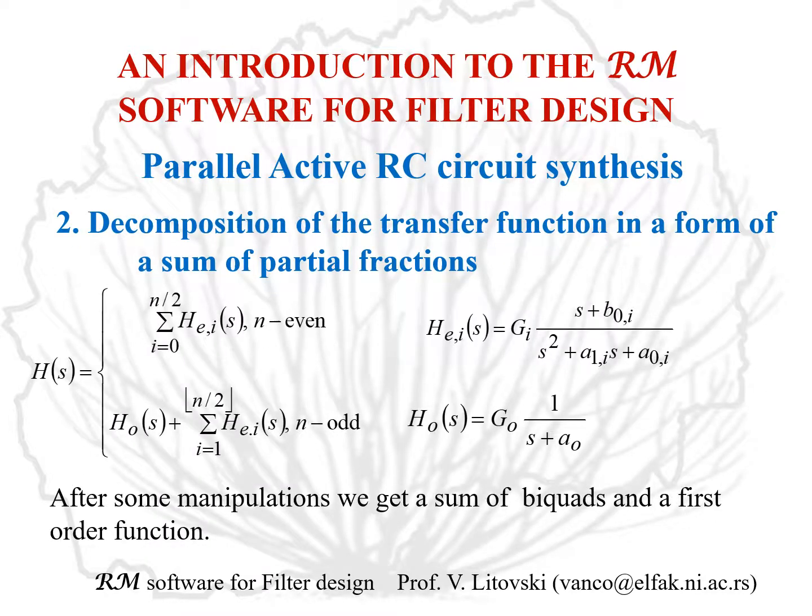After some manipulations, the transfer function represented in a form of sum of fractions may be rearranged to a sum of biquads, which may, in the case of odd order of the filter, have one additional first order cell as shown on the right hand side.